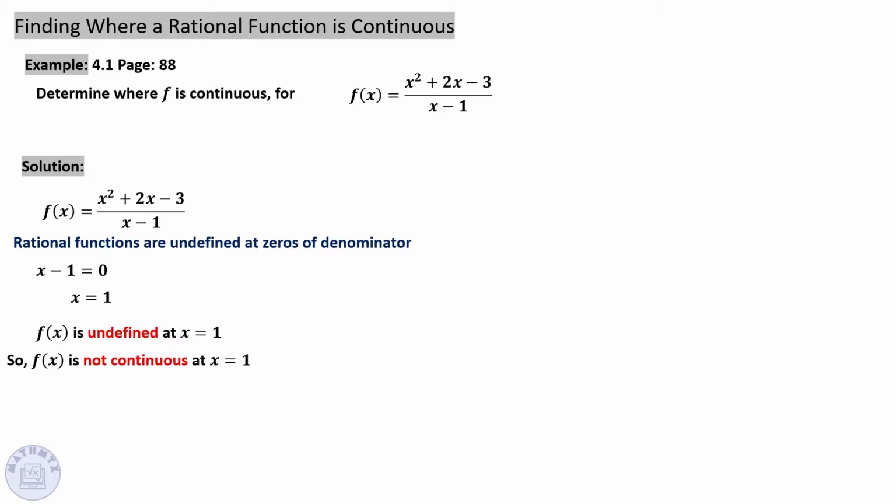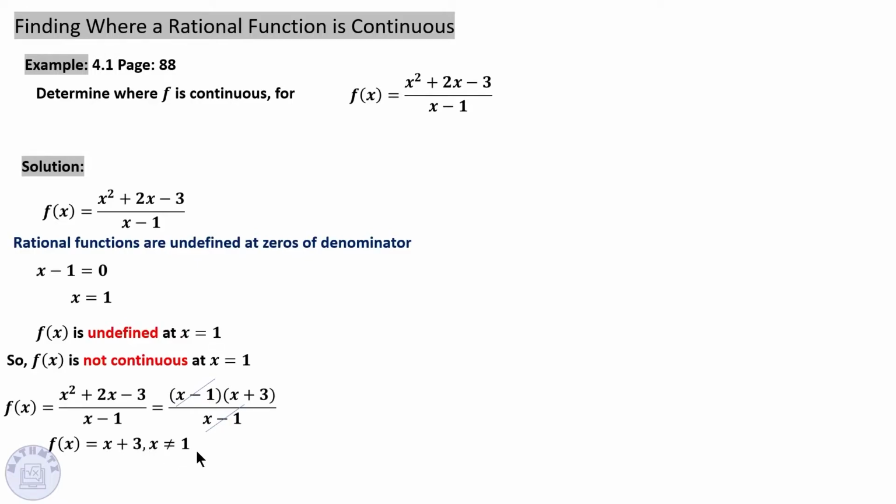And if I try to graph it, the best way here is to try to factor it out and cancel out the common factor, because we have a removable discontinuity, meaning that when you substitute 1, you'll get indeterminate form. So by factoring, you can make the function as x plus 3.